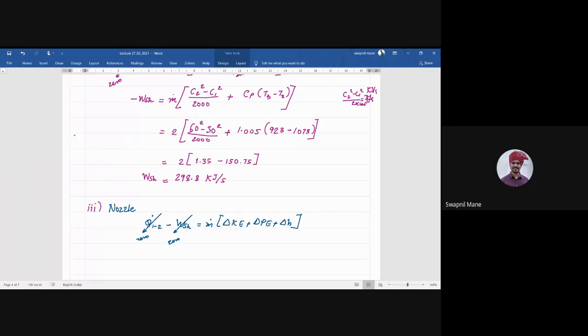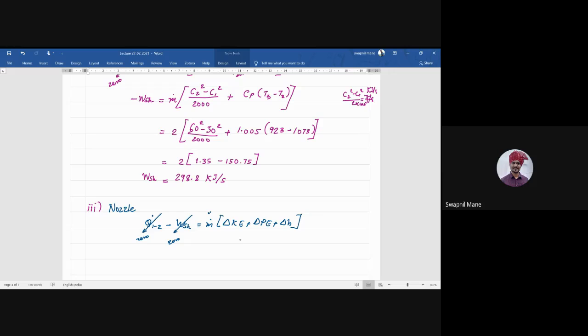m dot is there. What about delta Ke? Whether there is any change of velocity in the nozzle? Sir, that we have to find out. Correct. And also, if you remember the definition of the nozzle, it is used to increase the velocity at the expense of change of enthalpy.